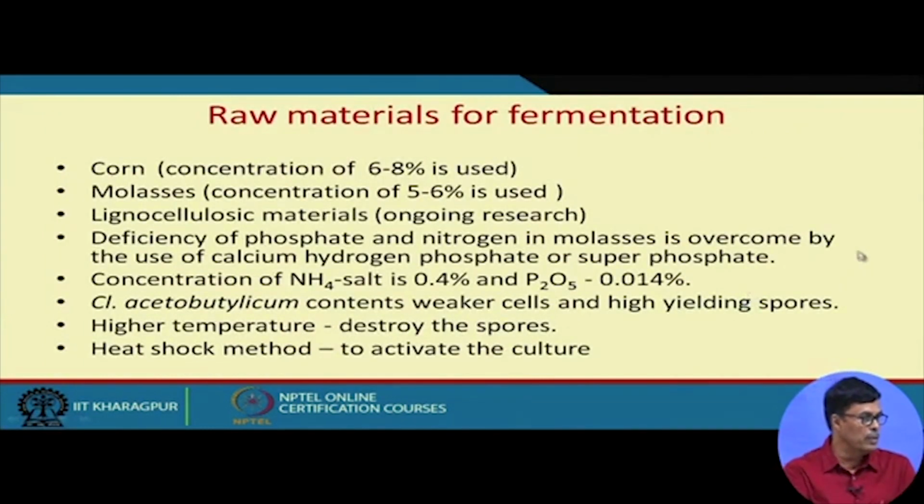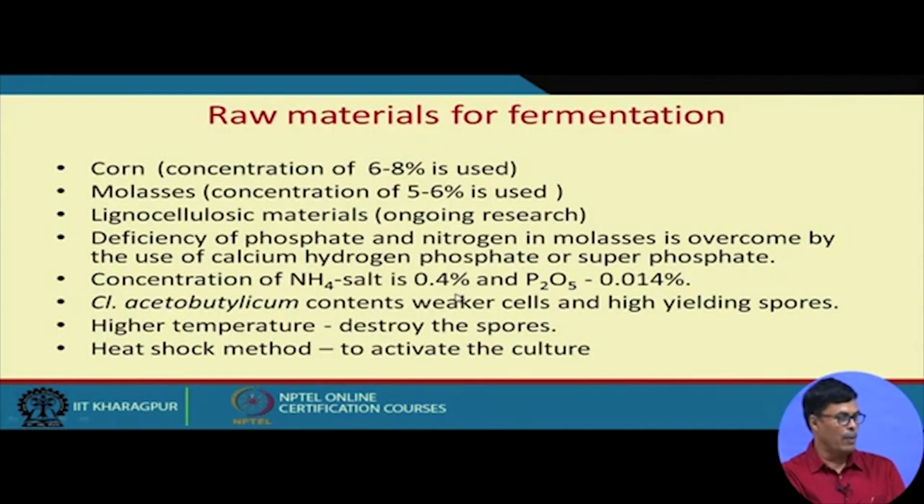Now, the raw materials used, as I mentioned before: you can use corn, with a concentration of 6 to 8%, or molasses, with a concentration of 5 to 6%. Lignocellulosic material is still at the research level. Deficiency of phosphate and nitrogen in molasses is overcome by adding calcium hydrogen phosphate or superphosphate.